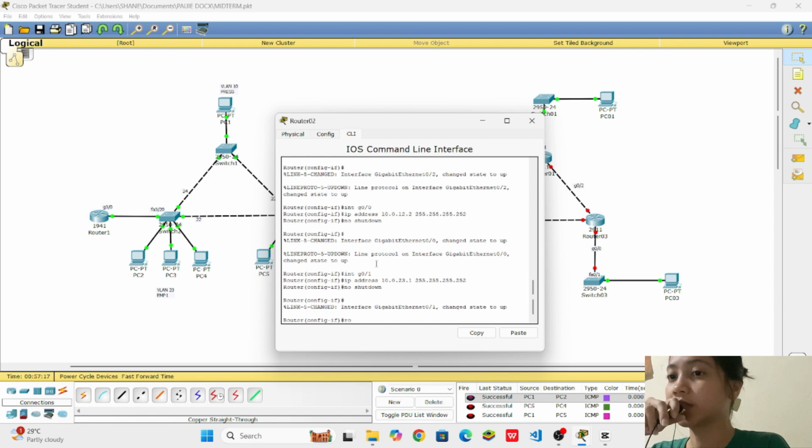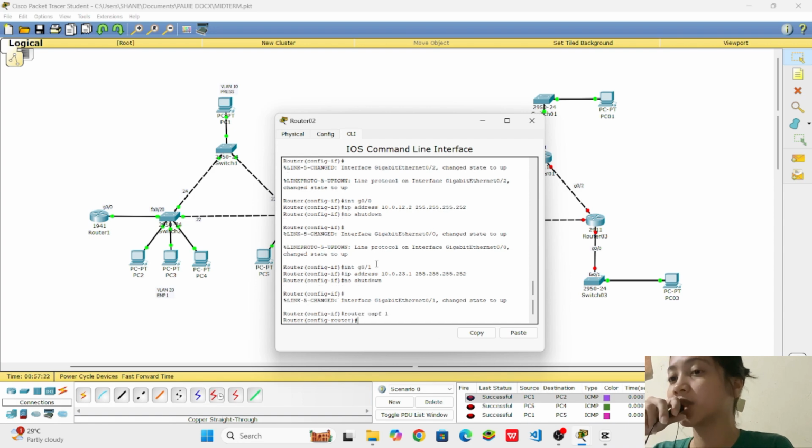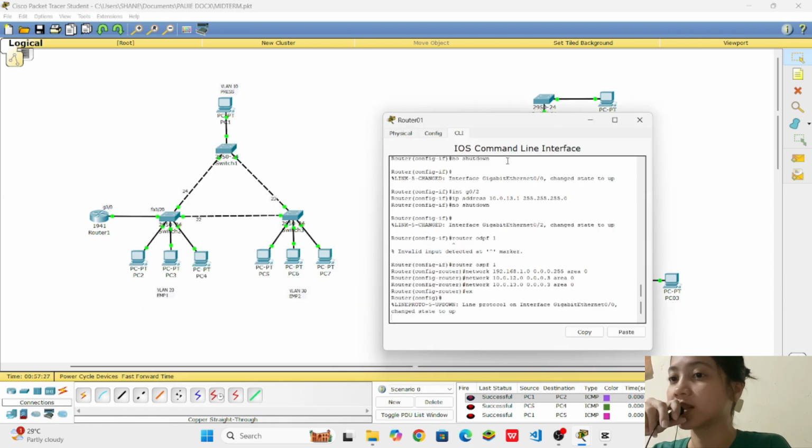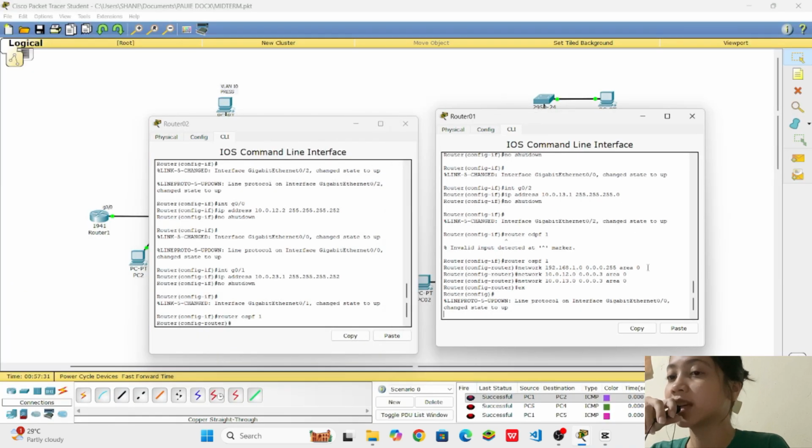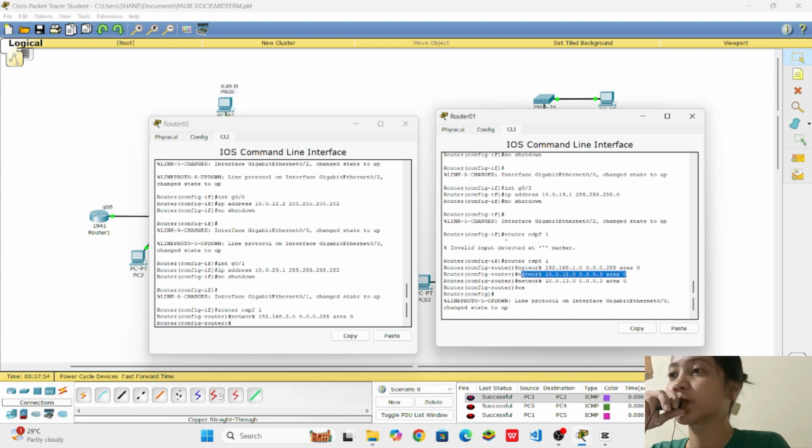This router can now communicate with all connected networks and share routes dynamically via OSPF. Using OSPF, we can communicate now with our connected switches and PCs.